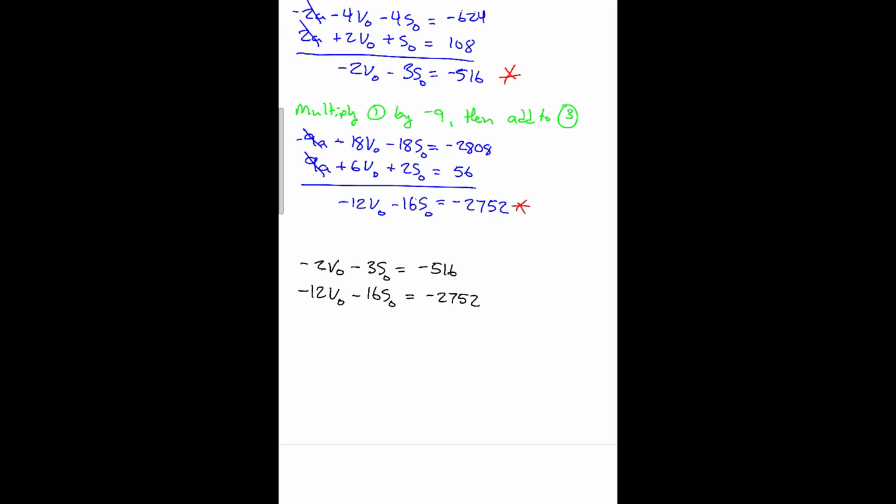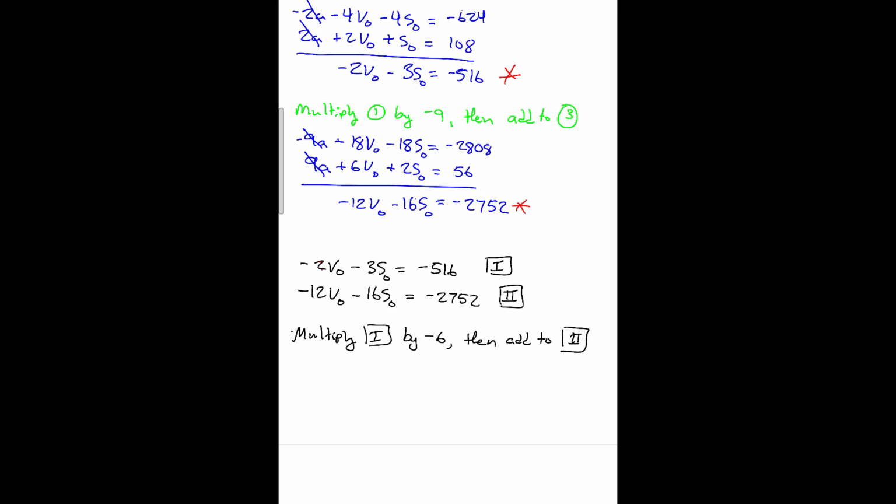Basically, I would take equation 1 in Roman numerals, and I would multiply equation 1 by negative 6, then add to equation 2.